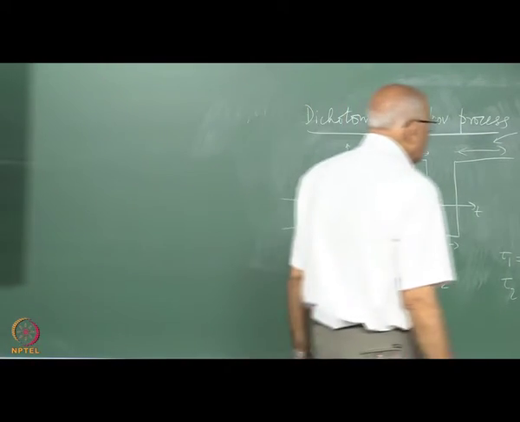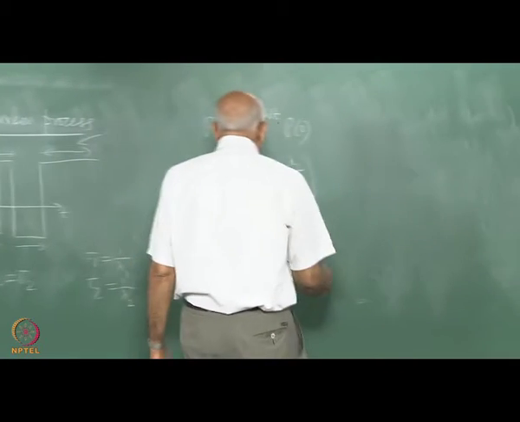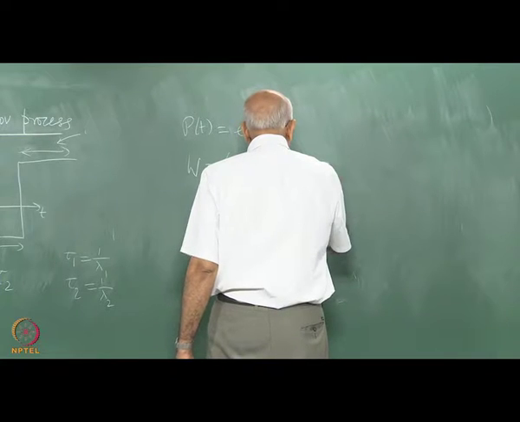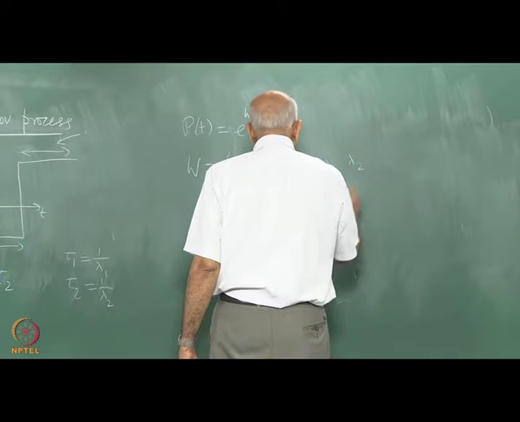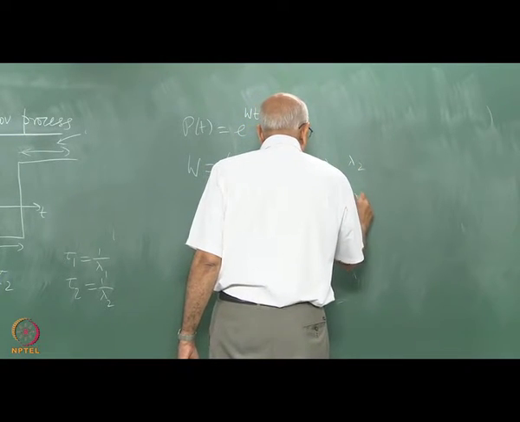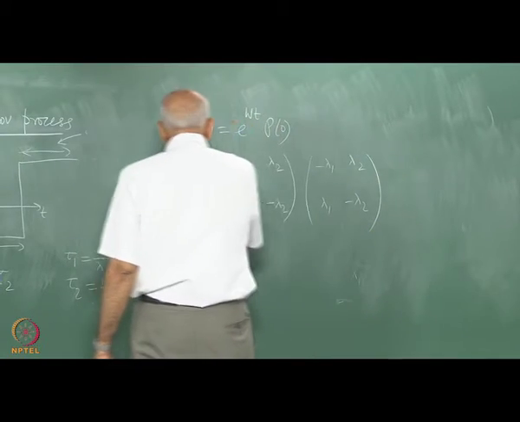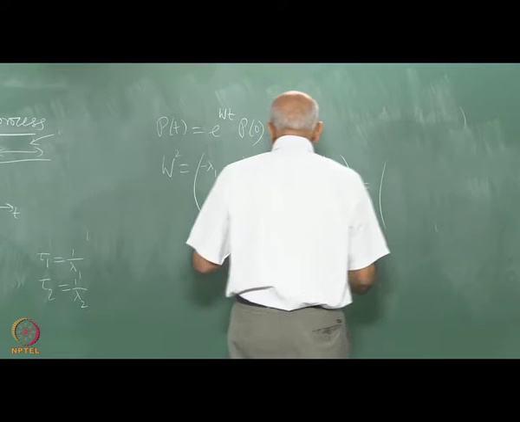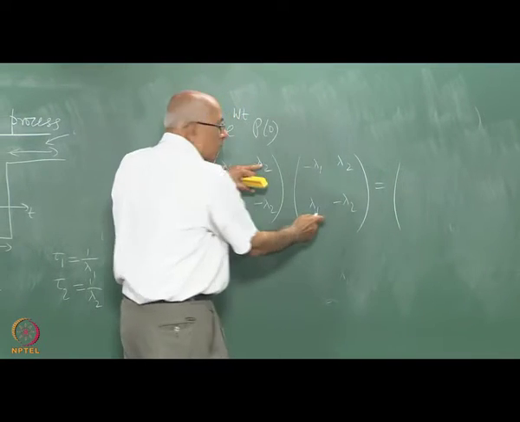But matters are made a little simpler by noticing that W squared is minus lambda 1, lambda 2, lambda 1, minus lambda 2. This is W squared, and what is that equal to? It is lambda 1 squared plus lambda 1 lambda 2.